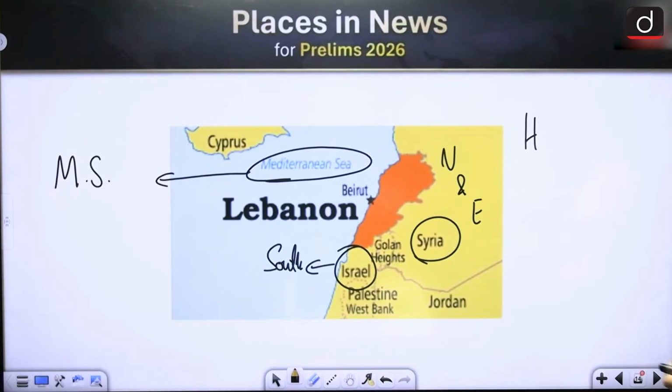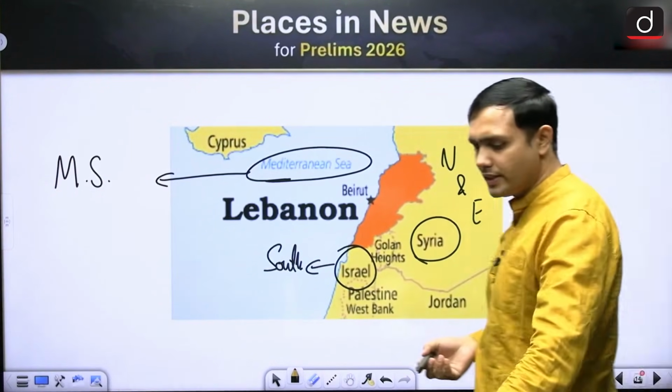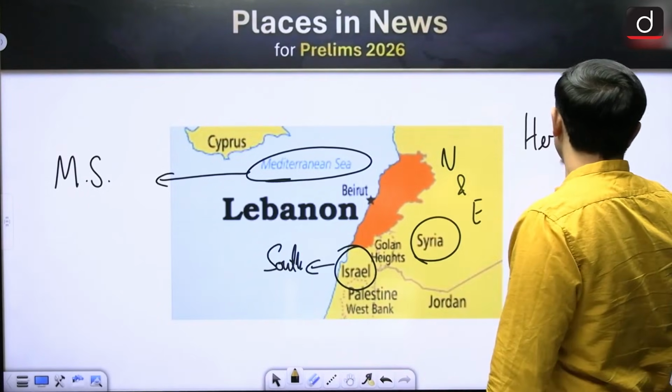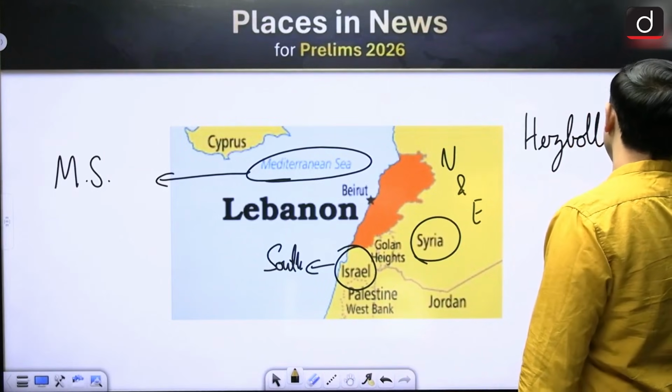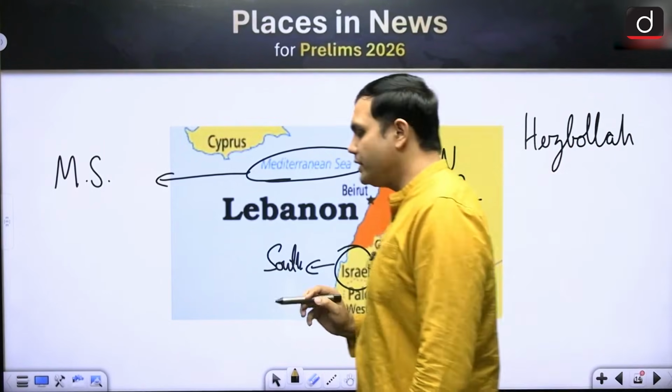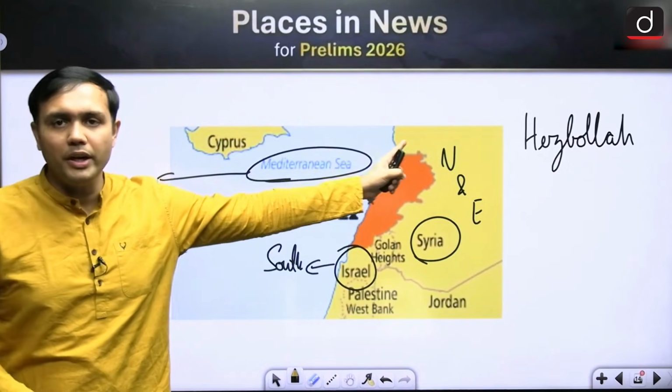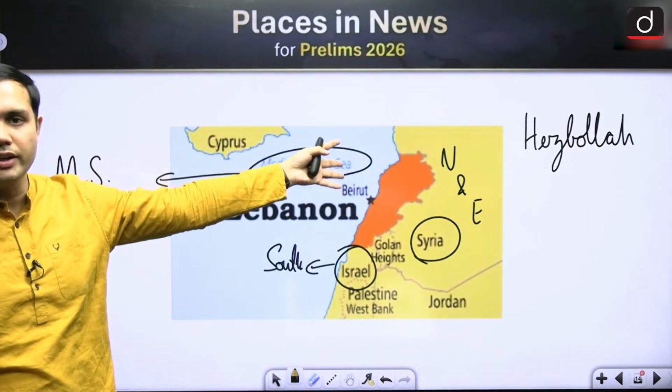Next, mostly by most accounts, it is a terrorist organization called Hezbollah. Hezbollah is associated with this particular country, right? So, Hezbollah is operating or was operating from this particular country, right?